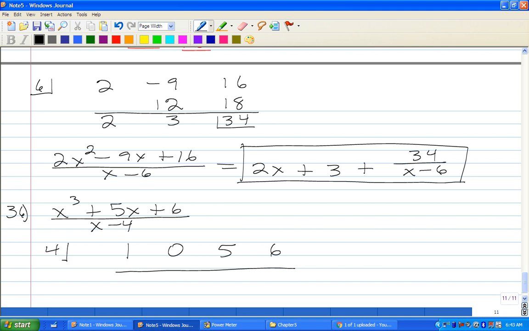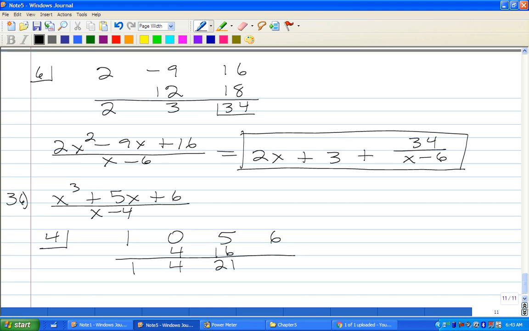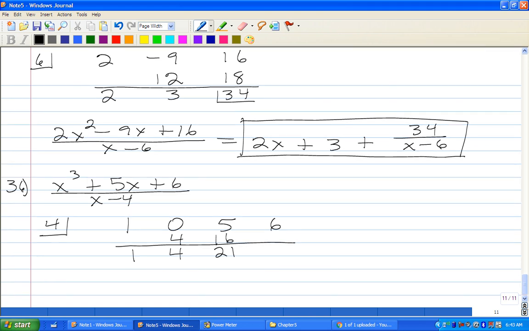Put that over here. Drop down the 1, times 4 is 4, plus 0 is 4, times 4 is 16, plus 5 is 21, times 4 is 84, plus 6 is 90. Uh-oh.